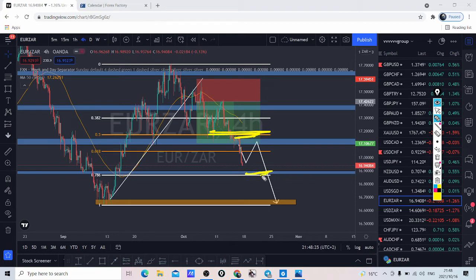I'm a little bit skeptical to enter here when the market is approaching this. That is not a valid trade to me. A valid trade is something like this: maybe pull back here, then sell, pull back here, and then sell. But here, no, it's a no.